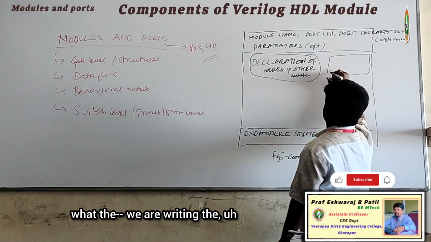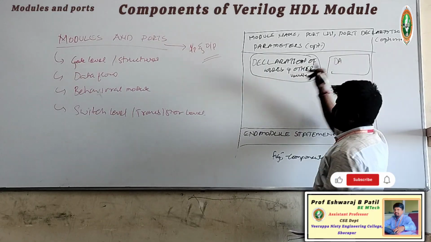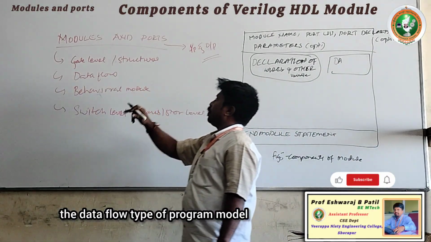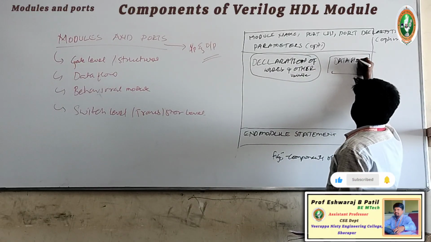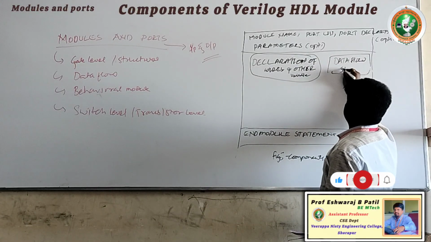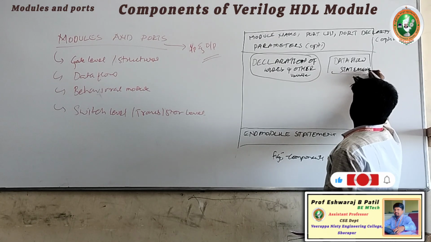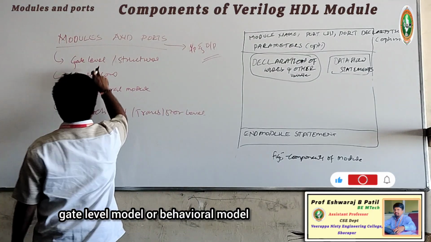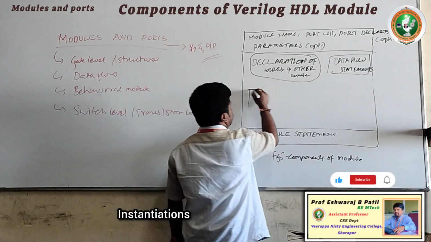Another block is where we write the data flow statements. If I use the data flow type of programming model, then I have to define the data flow statements here. Similarly, if I go with the gate level model or behavioral model, those also have to be defined here. Instantiations.